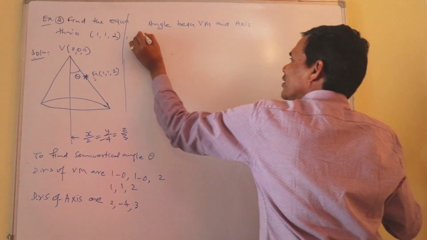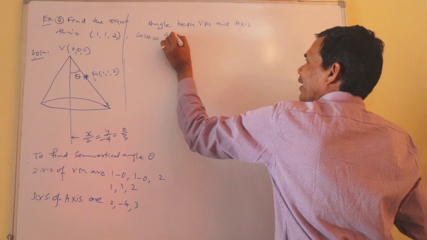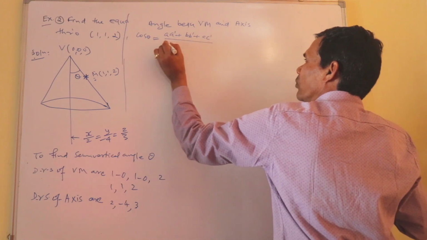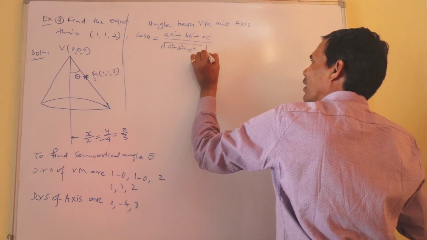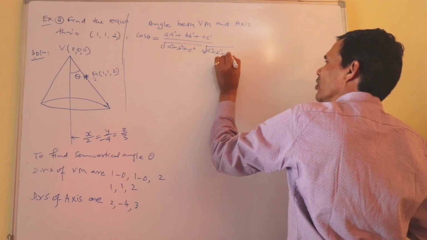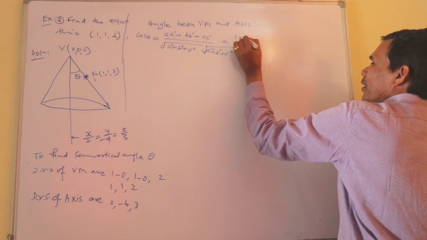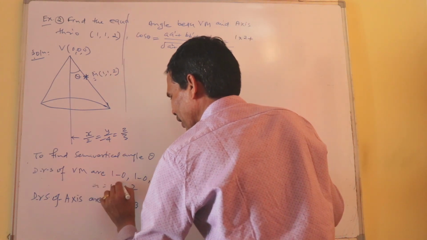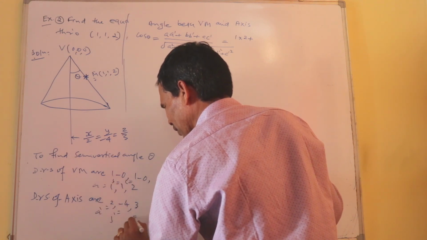Cos theta is equal to this formula, (a dash a plus b dash b plus c dash c) divided by root of a square plus b square plus c square into root of a dash square plus b dash square plus c dash square, where a dash, b dash, c dash are the direction ratios of VM. This is a, b, c, and this is a dash, b dash, c dash.